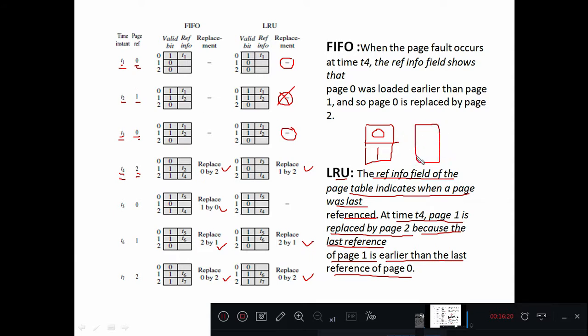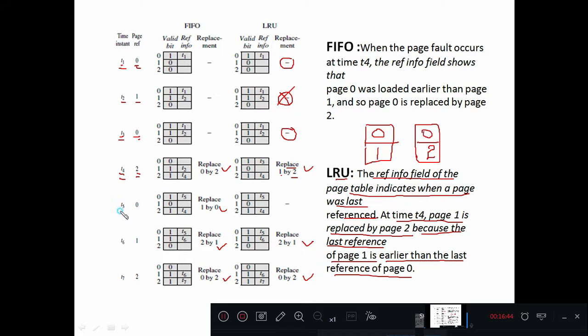So 0 is kept as it is, and only 1 is going to be replaced by 2, right? So replace 1 by 2. At t4, page 2 is going to be present in the main memory and its time is noted down, right?